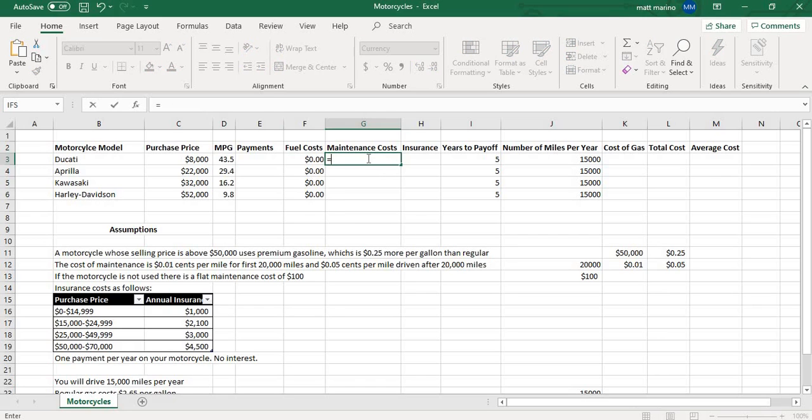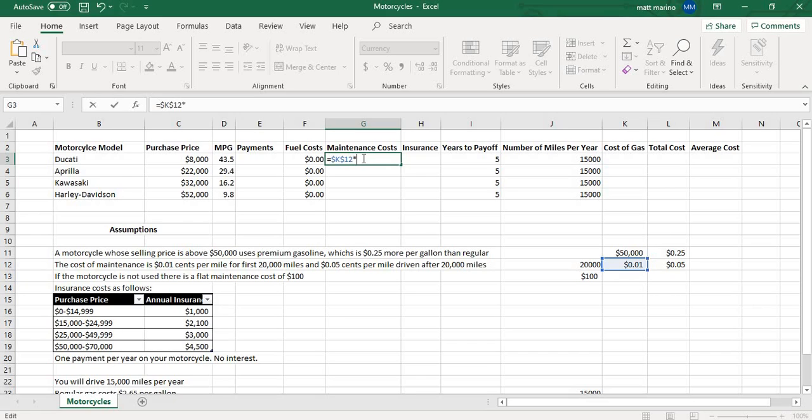Well, again, we need to utilize an absolute cell reference. We refer back to K12 because we are under 20,000 miles. So we only use the 1 cent per mile. We make this an absolute cell reference by adding dollar signs before the row and column.